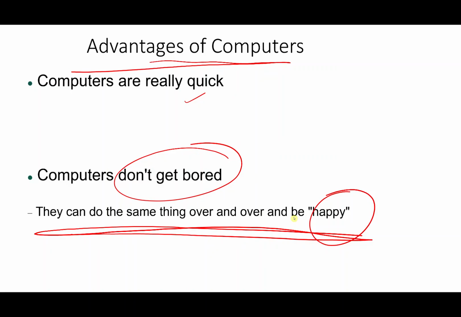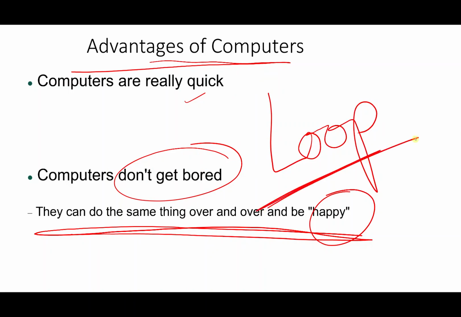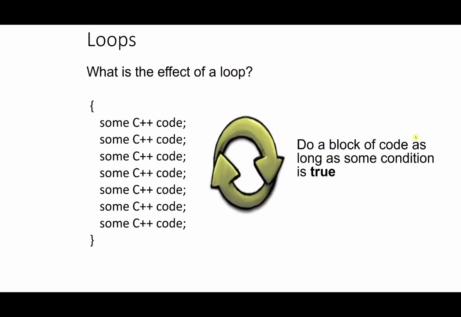So we want something in programming that would tell the computer to do something many times. What is that? You guessed it right. A loop. One of the loops is the while loop.